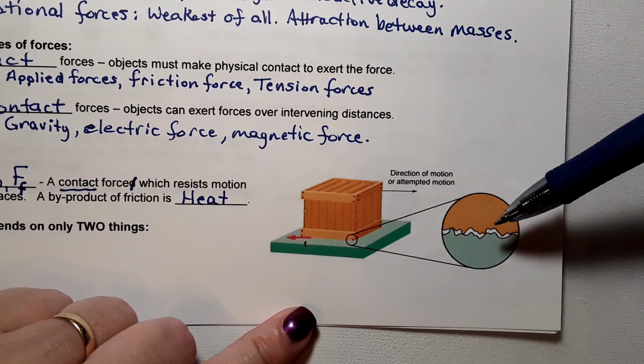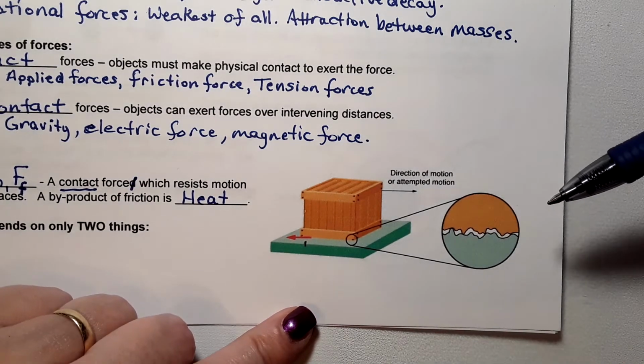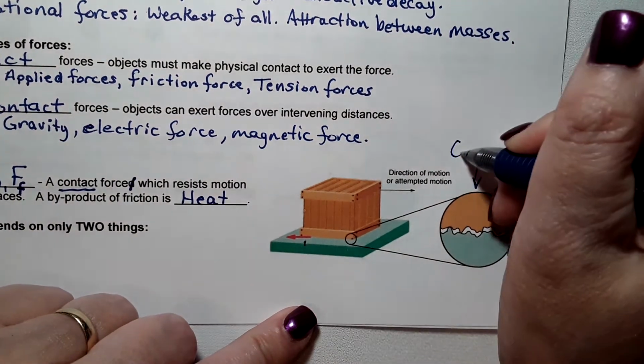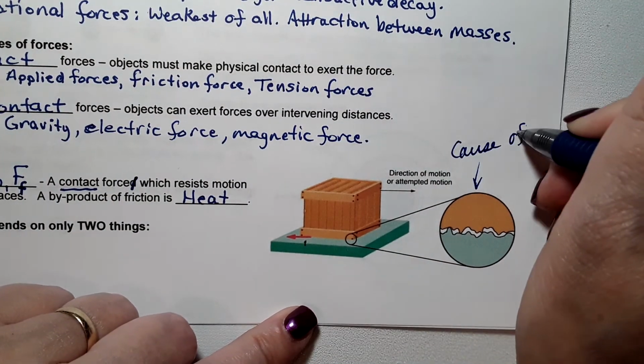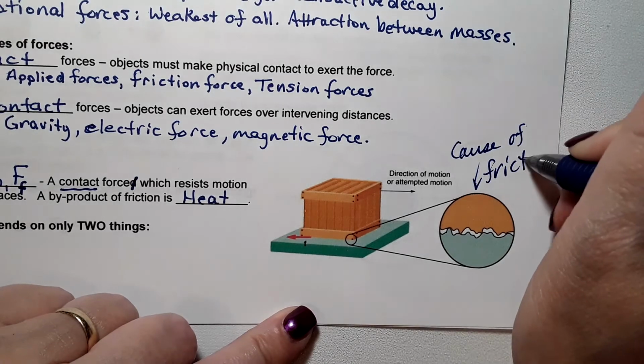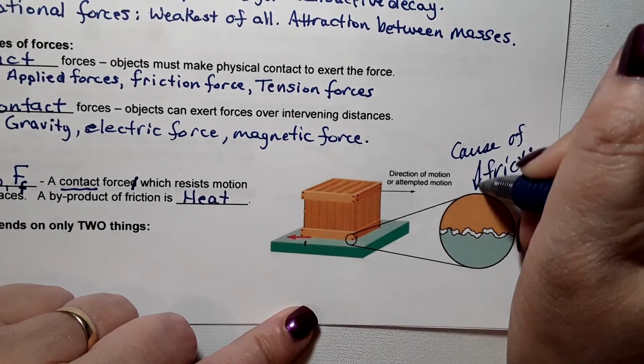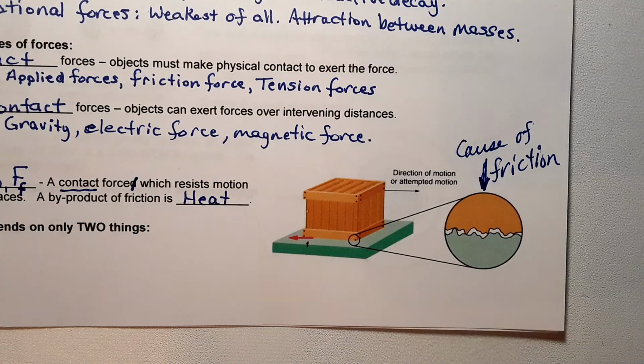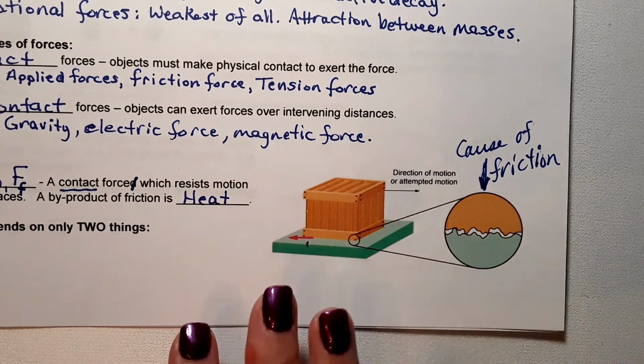You have to use force to overcome that. You have to push hard. All right? So this is the cause of friction. The fact that surfaces aren't actually totally smooth, but on a microscopic level, they are actually rough, okay?